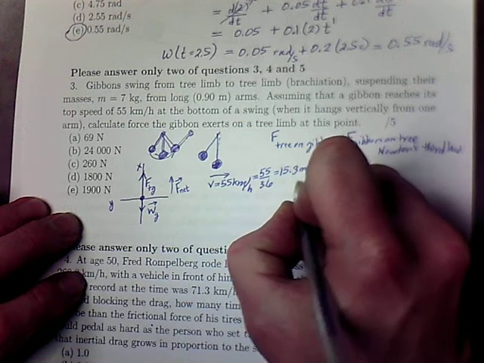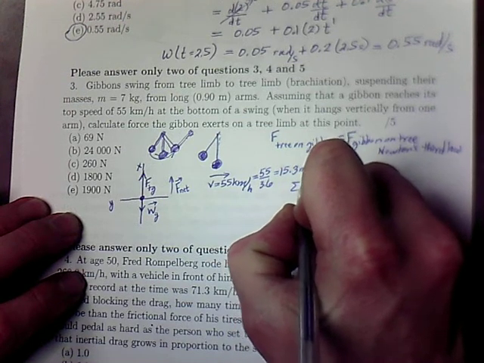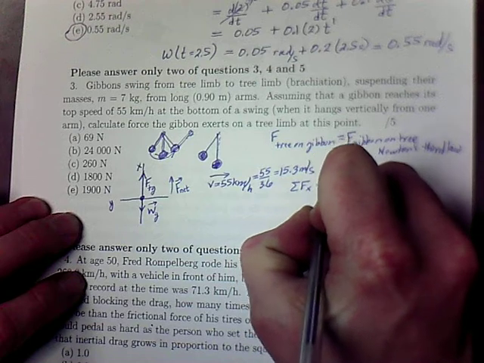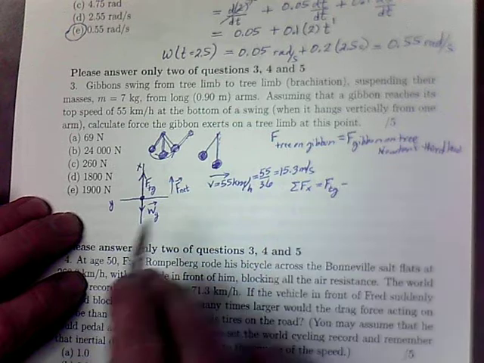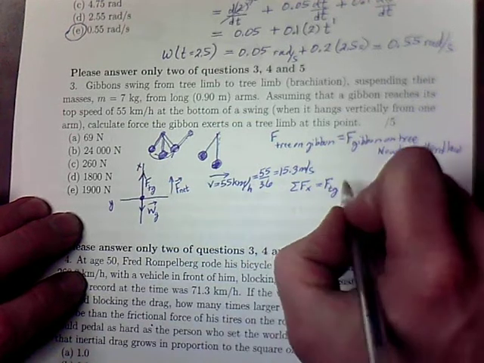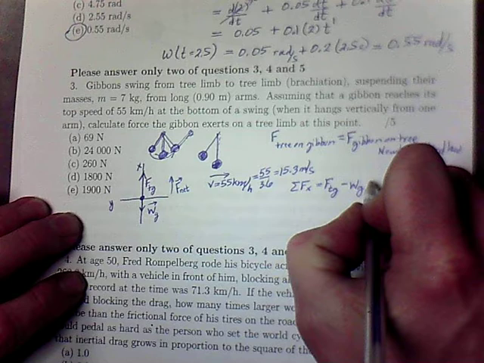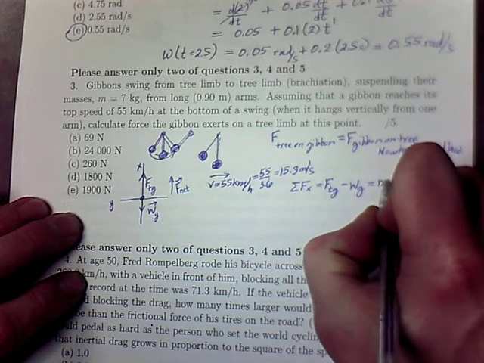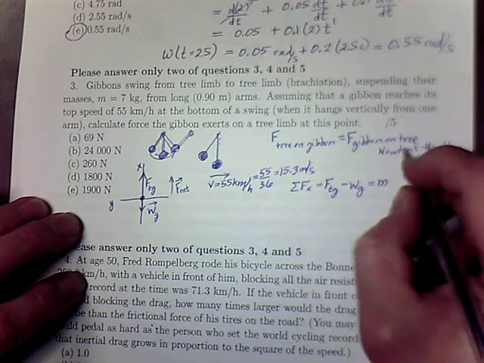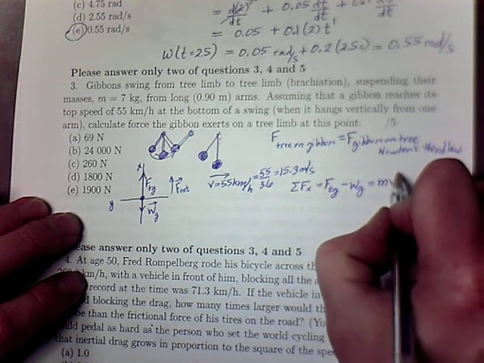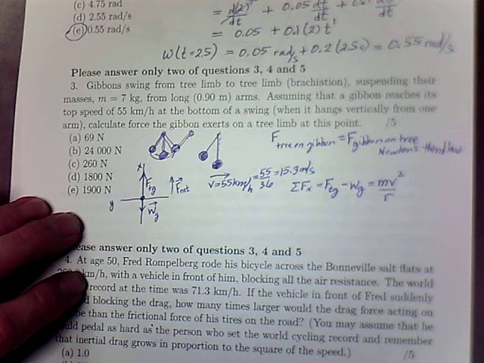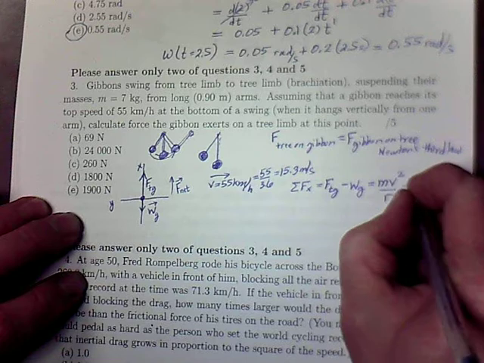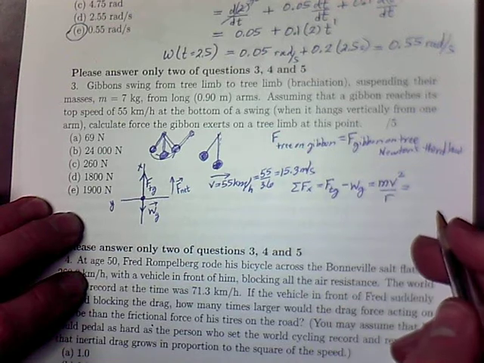Then the sum of the forces in the x direction is equal to the force that the tree puts on the gibbon. That's in the positive x direction. The weight of the gibbon is in the negative x direction. This should be equal to the mass times the acceleration along that x direction, which is the speed of the gibbon squared, divided by the radius of the gibbon. And so the speed and the mass, these are things that we know.